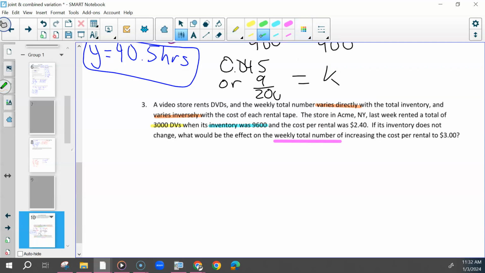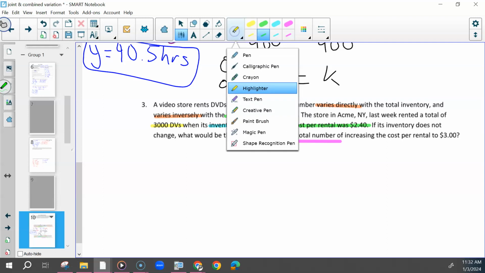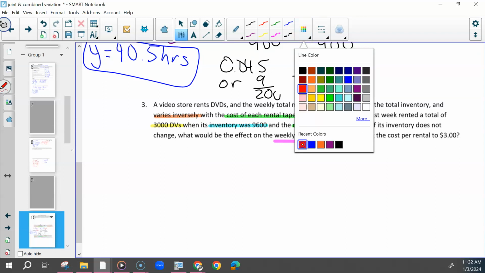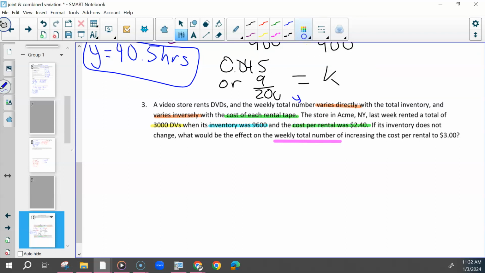I'm going to do different colors. So you can use the same variables as the last one, or you can change them, up to you. Whatever comes before varies directly, the weekly total number, that's going to be your Y. Whatever comes after is going to be your X, your total inventory.